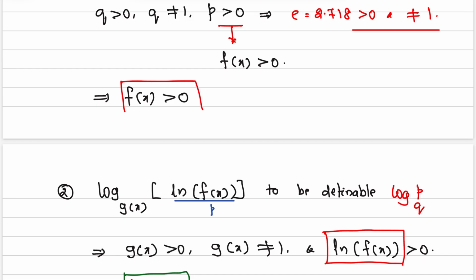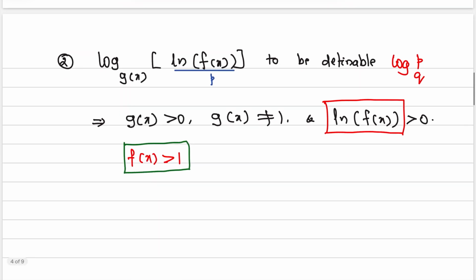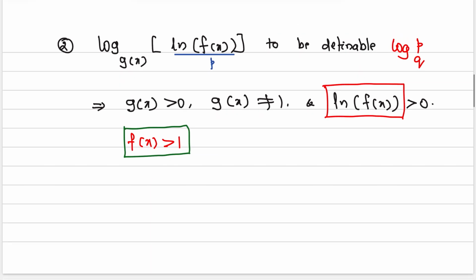But this is not the ultimate condition. It is only for the inner natural logarithm to exist. The existence of the natural logarithm itself is not sufficient for the whole hx to exist. For the whole hx to exist, function x should be greater than 1.